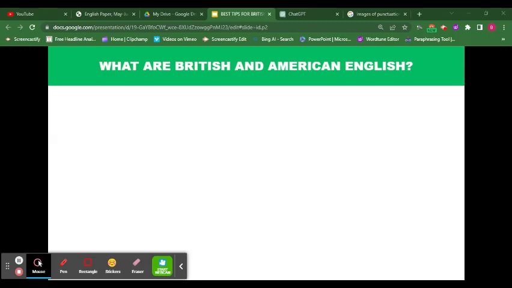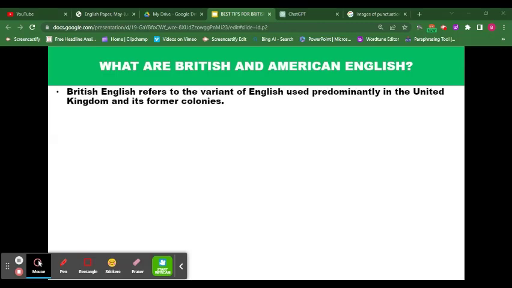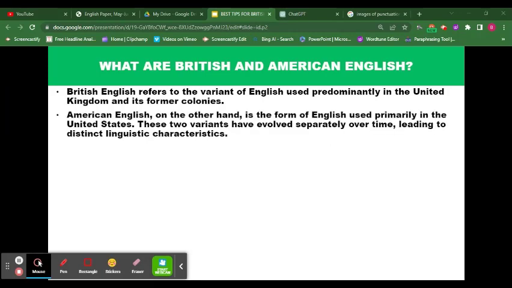First, let's understand what we mean by British English and American English. British English refers to the variant of English used predominantly in the United Kingdom and its colonies. American English, on the other hand, is the form of English used primarily in the United States.